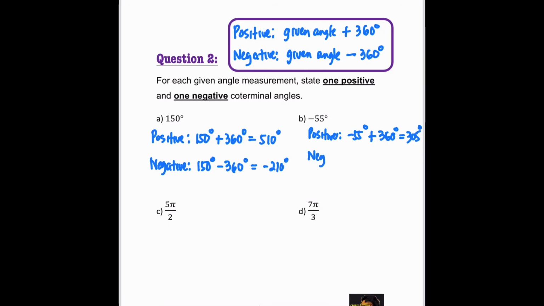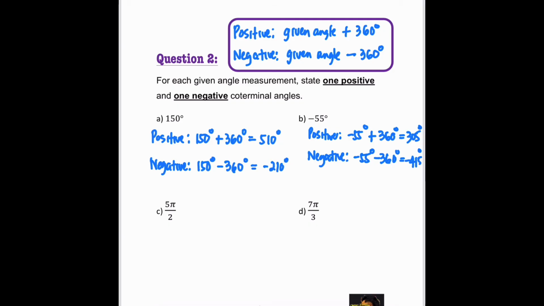And for negative, we take negative 55 degrees minus 360 degrees, which will be equal to negative 415 degrees.